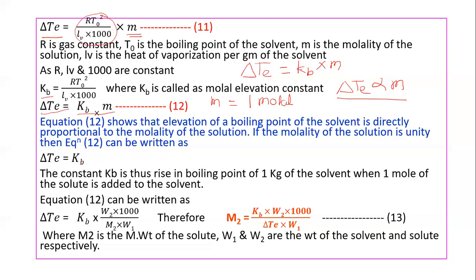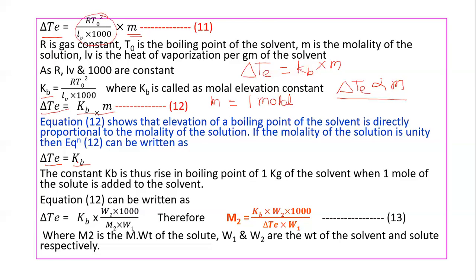So according to this, we can define molar elevation constant KB. Molar elevation constant KB is the rise in boiling point of 1 kg of the solvent when 1 mole of the solute is added to the solvent.